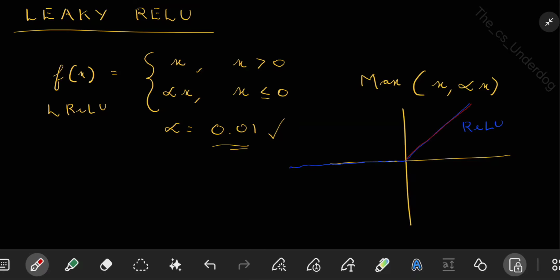That will be a very small value, but still I'll have some value on the negative side. This is the speciality of leaky ReLU, and this is the difference brought in by the leaky ReLU activation function.